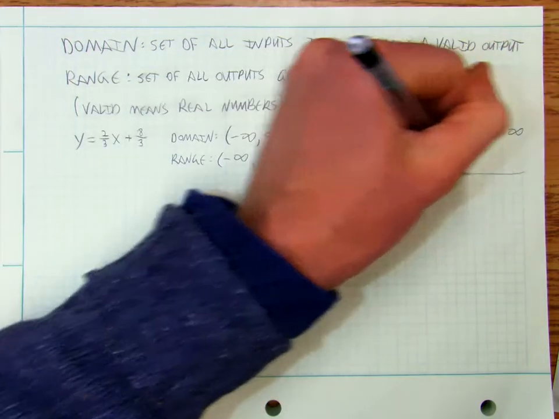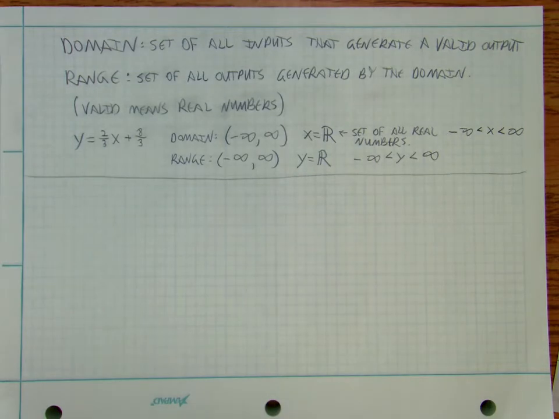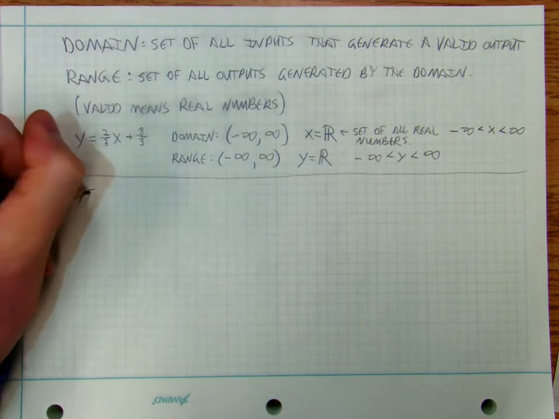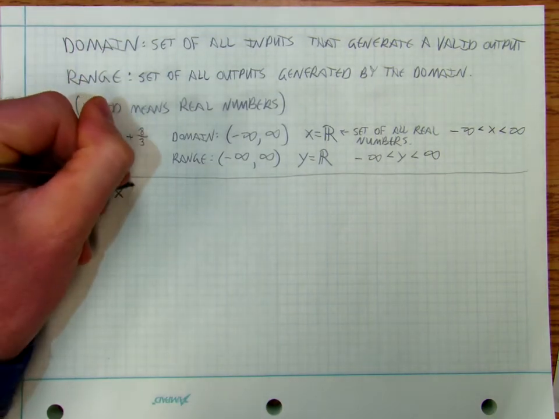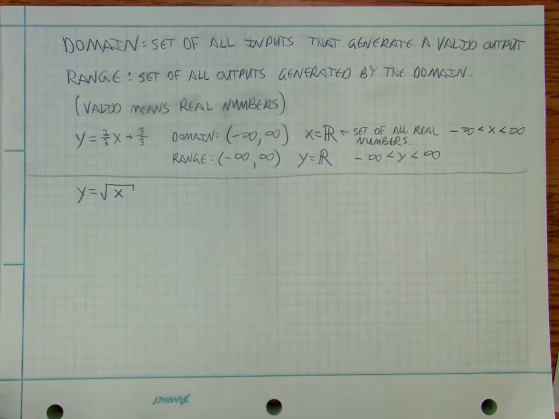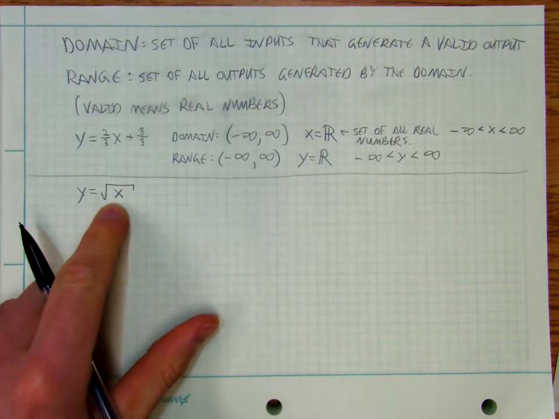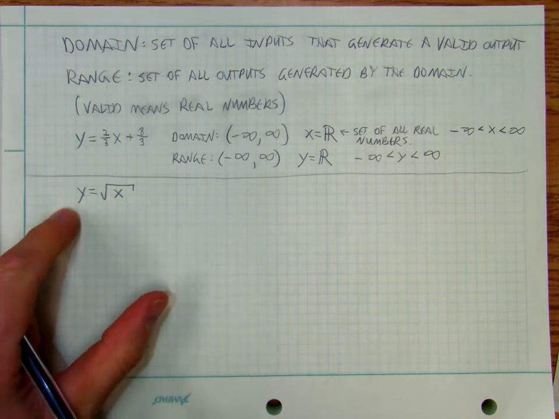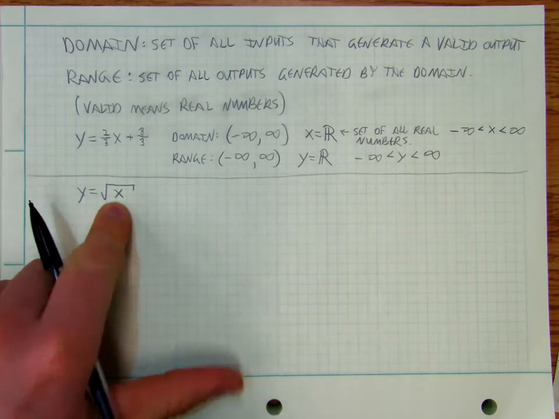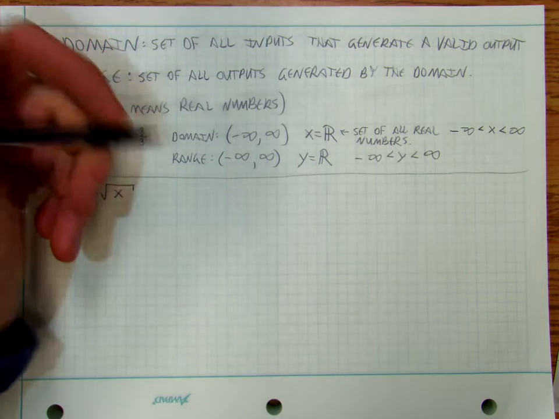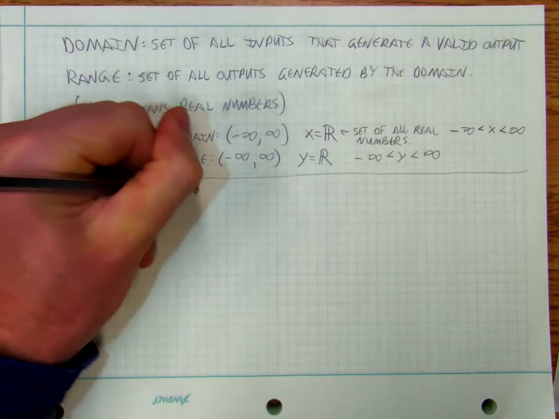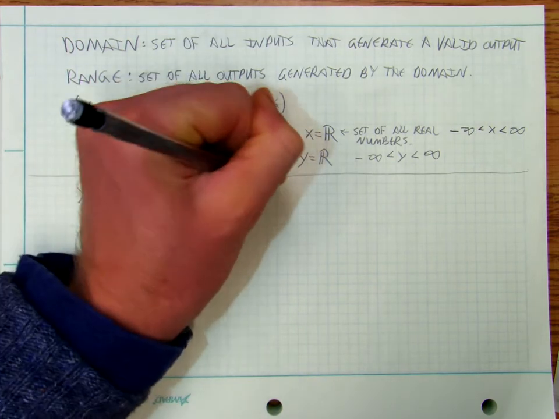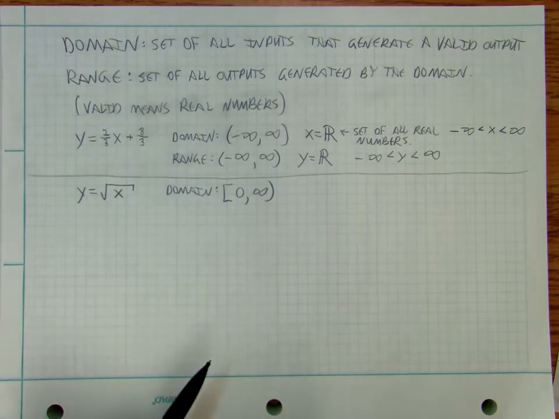Okay, so let's look at a couple of functions that have a restricted range. The most obvious one is y equals the square root of x. If I plug in a negative number, I can't get a real y out of that. I can't take the square root of a negative number and get a real y. So my domain is going to be [0, infinity).